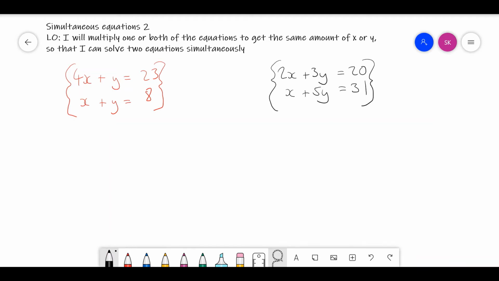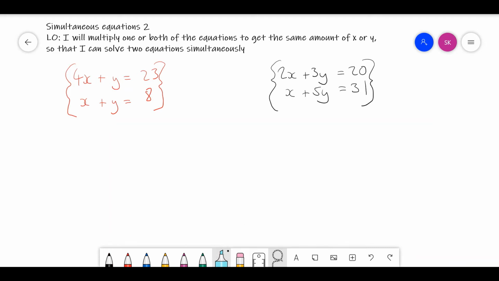Both these sets of equations have two unknowns, x and y. Both sets have got two actual equations. But can you see something that is crucially different between them? There is a key difference that you need to spot. Pause the video if you need a bit more time to try and spot it before I say.